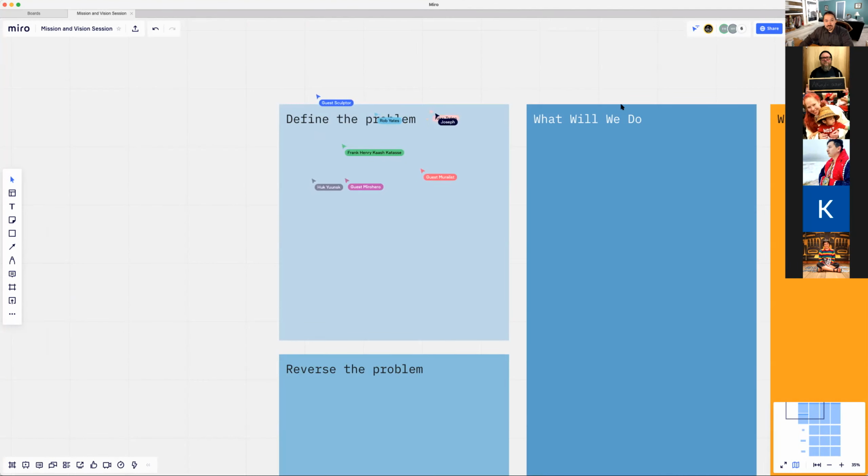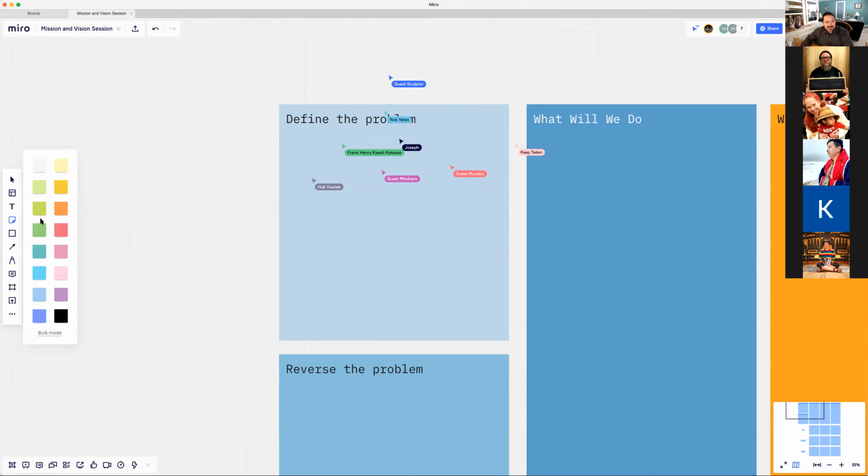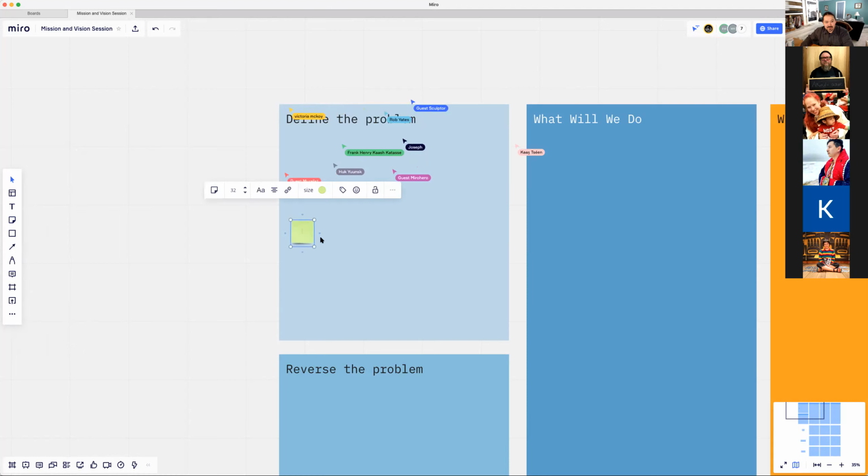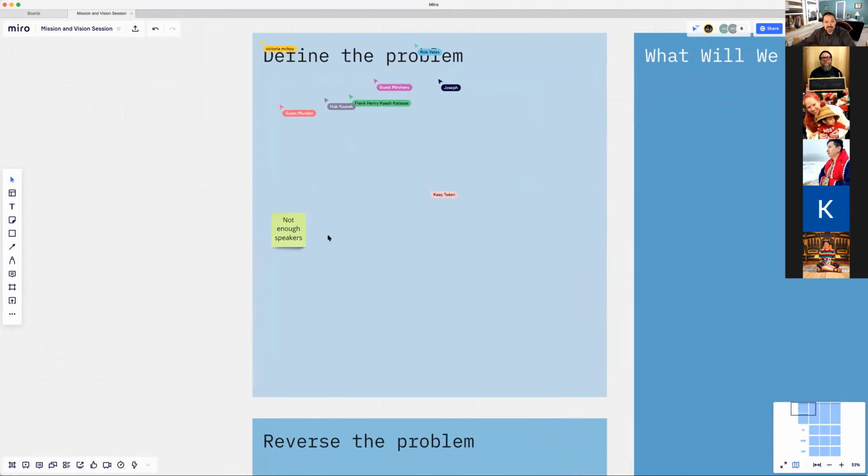If we go over here, click on a sticky note, then we could drop a sticky note and say, not enough speakers. Maybe that's my starting point. I think we should be able to fit quite a few of these on there, so just throw some stuff up there. What do you think?